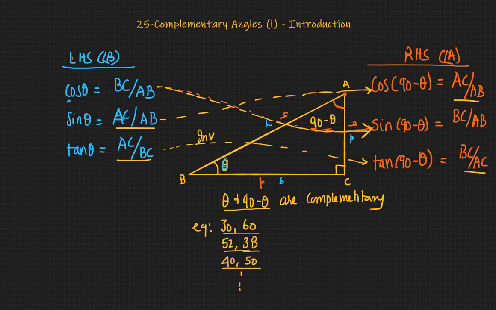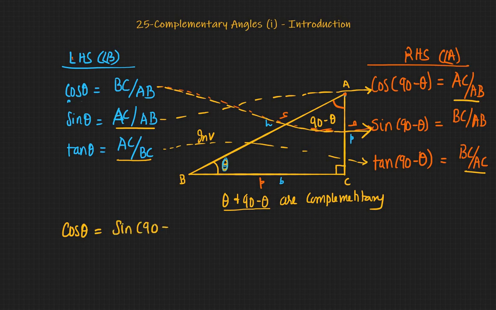So in short, we can write our relationship: cos theta is equal to sine 90 minus theta. Sine theta is cos 90 minus theta.